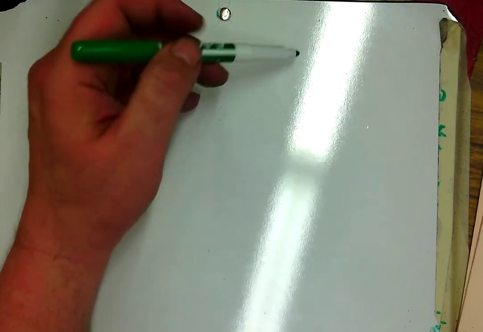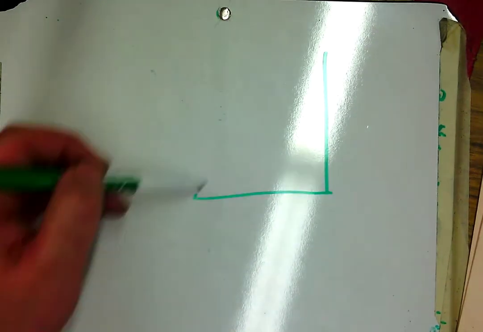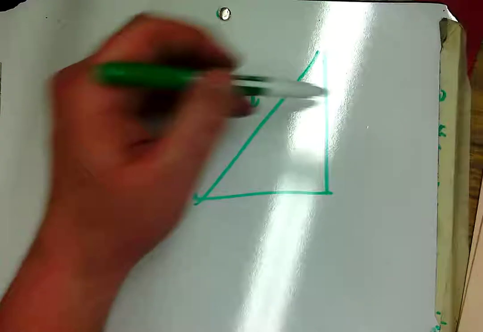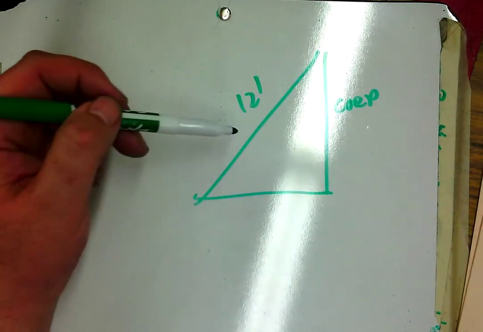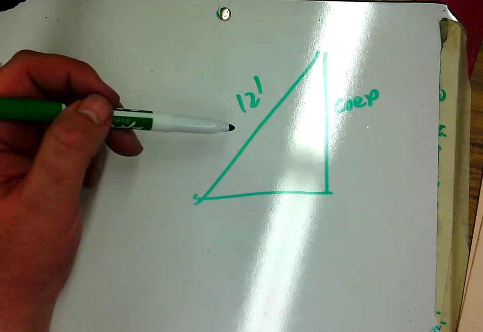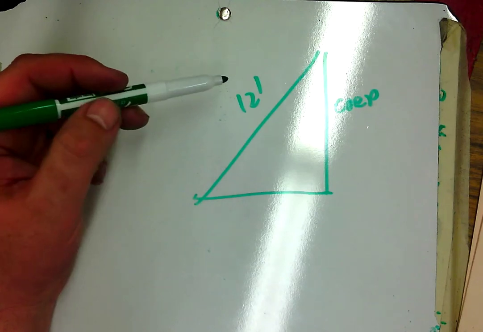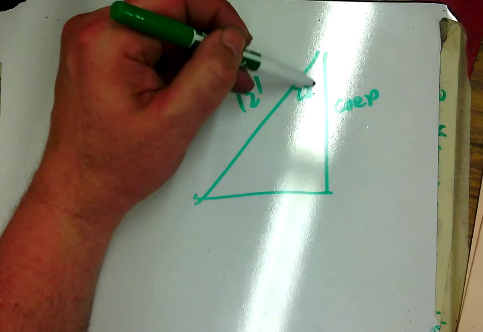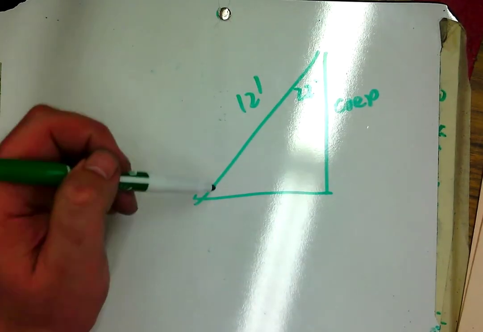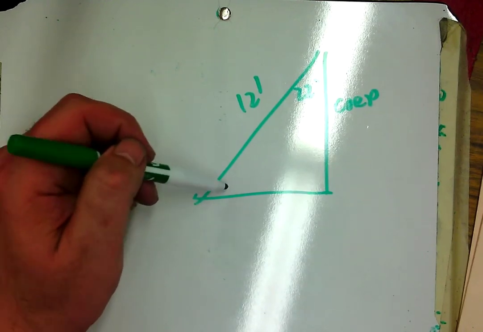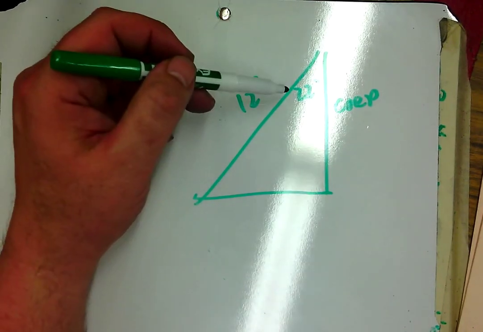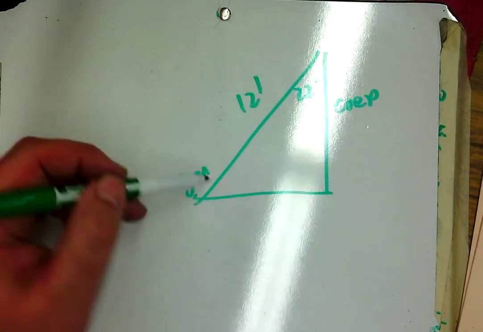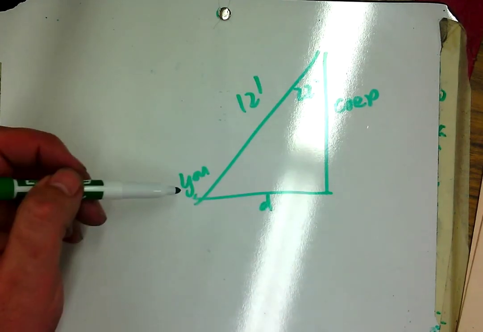You put your 12-foot ladder up against the side of a large corporation. You notice, being a great trig student, that the ladder makes a 22-degree angle with the building. That's 22 up there, not 22 down here. This is the angle the ladder makes with the ground. How far are you from the corporation? So this is you, and this is the distance you are from the corporation.